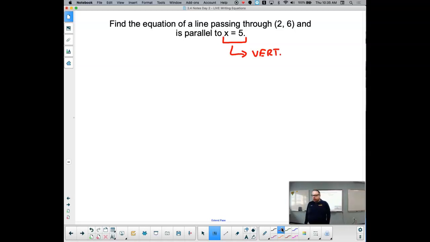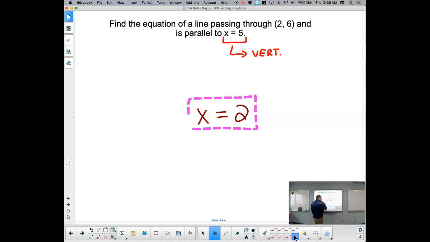Okay? So other vertical lines then would be of the same type of form. So the answer to this equation would be x equals some number that goes through that point, which would be 2, because that's the x part of it.